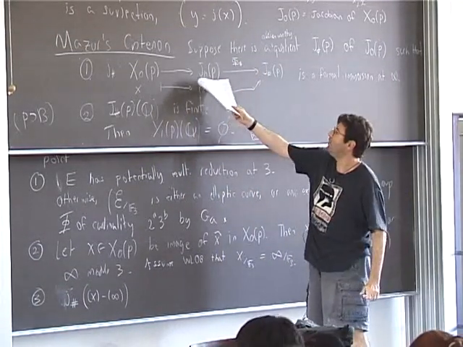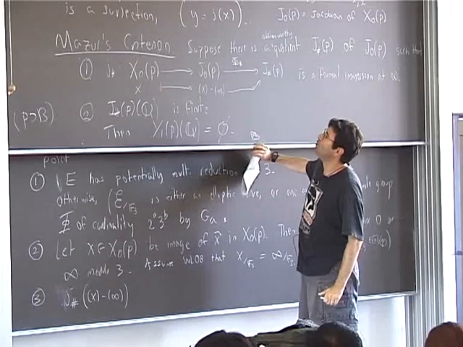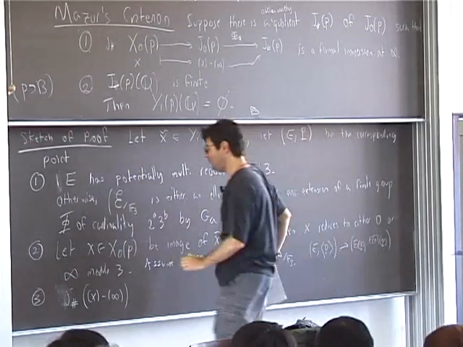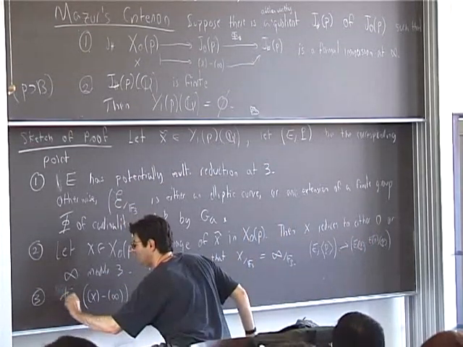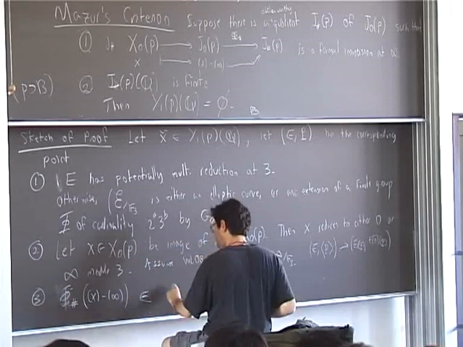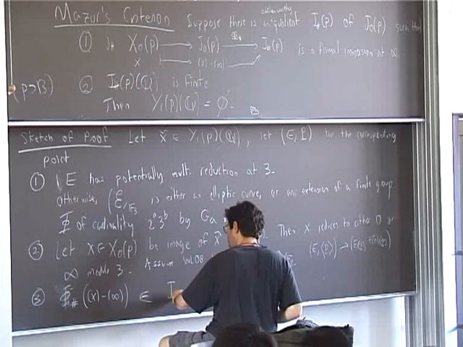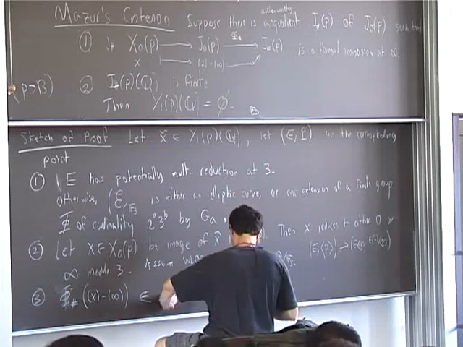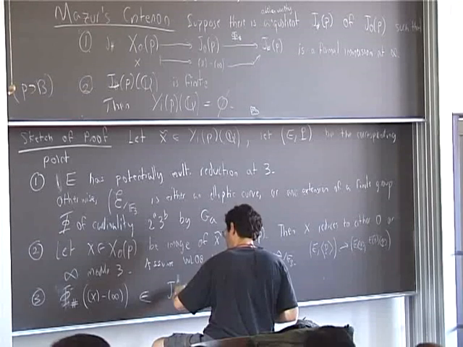J sharp is the composition of the embedding in the Jacobian with phi sharp. I consider the image of this degree 0 divisor under phi sharp, and what I find is that this image belongs to the connected component of the identity of J sharp.